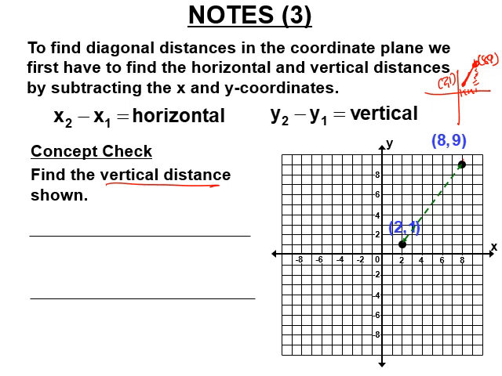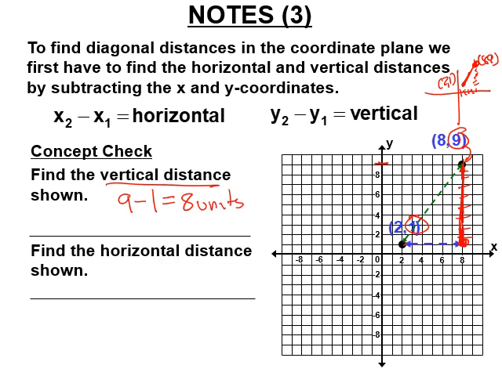And so the vertical distance is this distance. Before we were counting the boxes, 1, 2, 3, 4, 5, 6, 7, 8. But notice the y coordinate of that point is 9. The y coordinate of this one is 1. And so the vertical distance is just 9 minus 1, or 8 units, I should say.